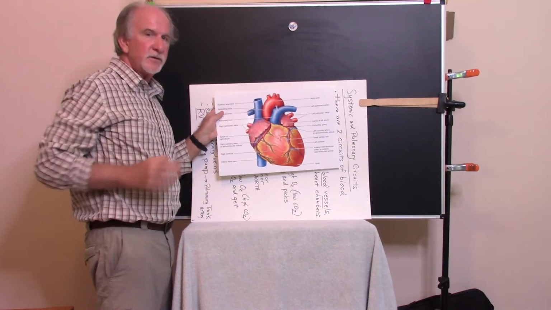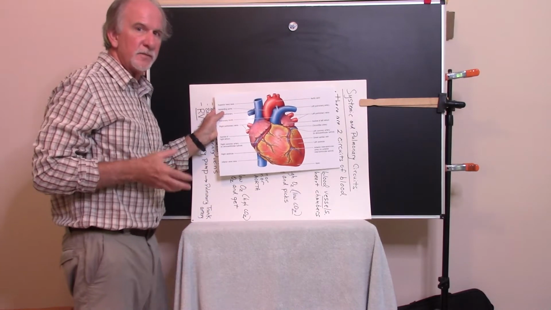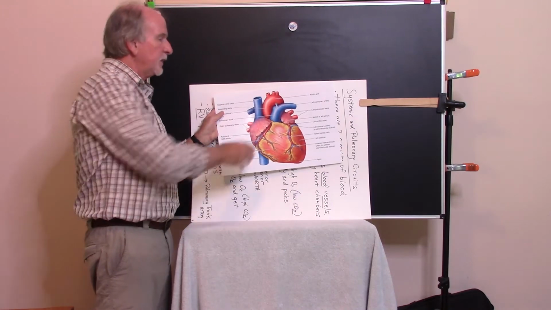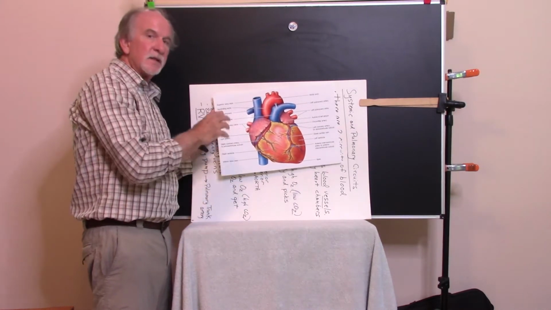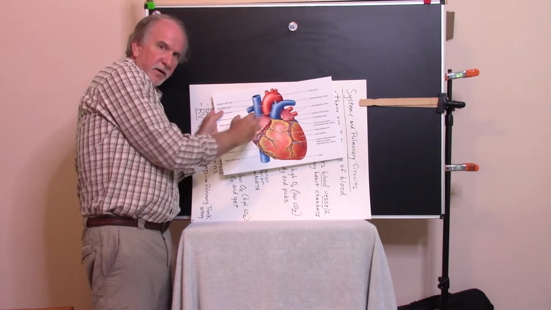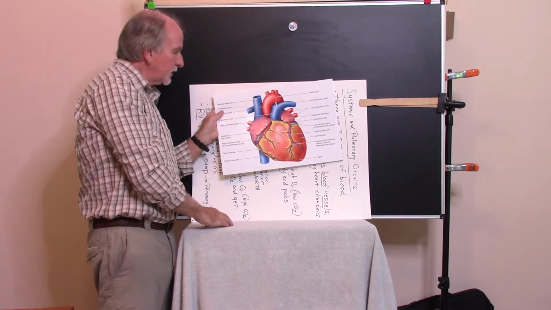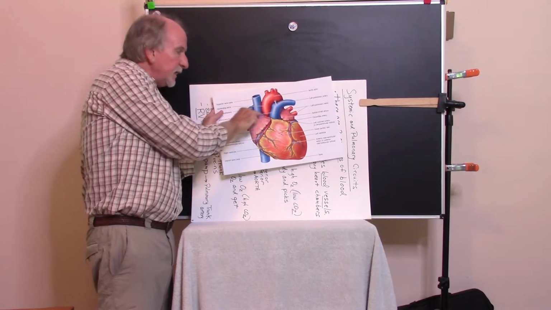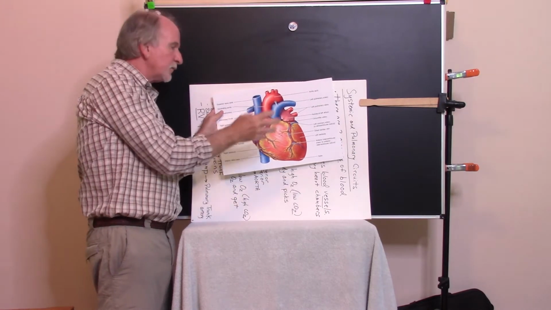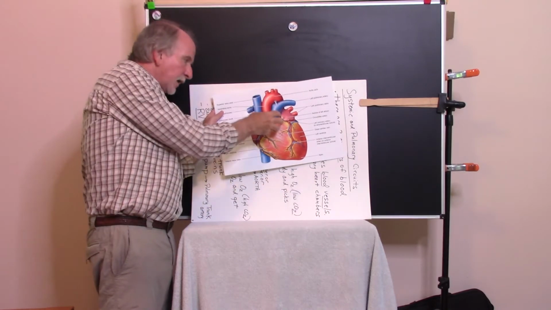The venous return from the pulmonary circuit comes into the left atrium by way of the pulmonary veins. The left atrium wraps around behind the heart. So here's a couple of pulmonary veins that are emptying blood into the left atrium, which you can't see because it's behind the heart.